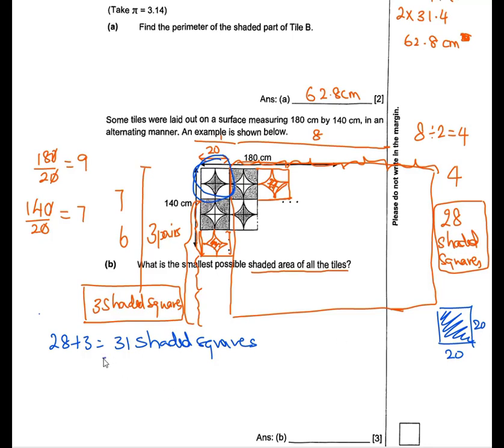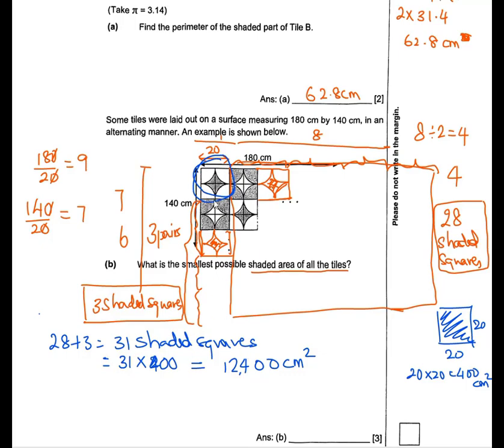And I have 31 such squares. So 31 times 400 gives me 12,400 centimeters square. That is the total shaded area of 31 shaded squares, except that I'm left with one over here.